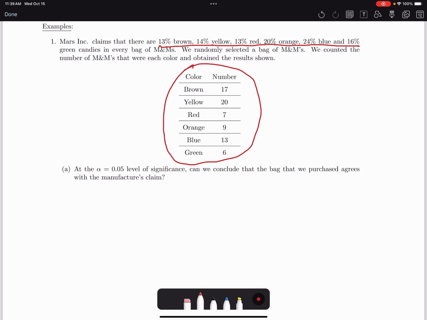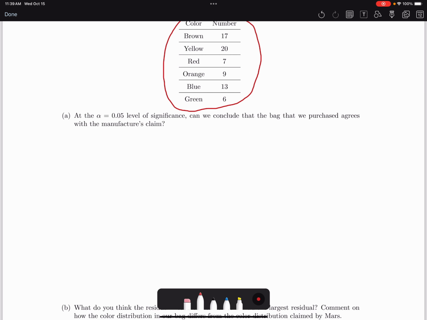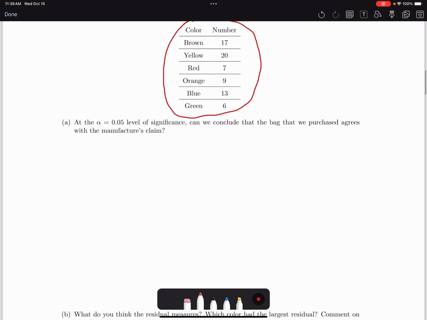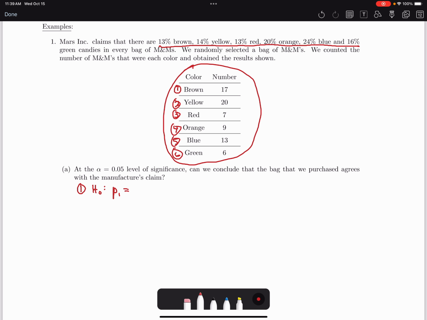Well, let's see. The null hypothesis would be that, yes, it does, right? That the proportion of brown candies, and by the way, I'm just going to call this group 1, group 2, group 3, etc. Okay, so the null hypothesis would be that P1 equals 0.13, right? Because that was the proportion of brown candies that Mars claims.